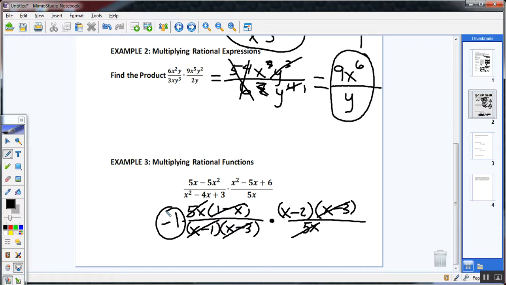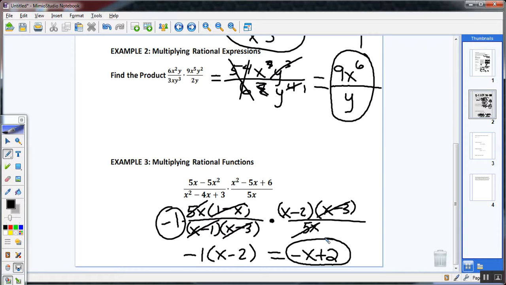So if this becomes negative 1 times x minus 2, gosh, that negative 1 is going to make the x what kind of a value? And that negative 1 would make the negative 2 a what? So what's this going to multiply out to in the end in simplest form? You would say negative x plus what? Oh my gosh.